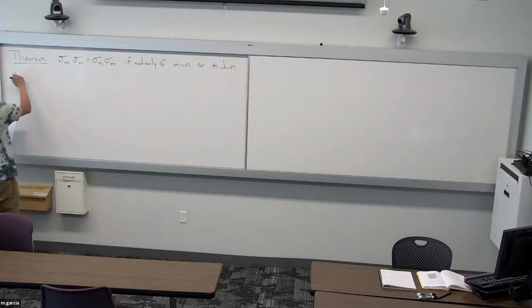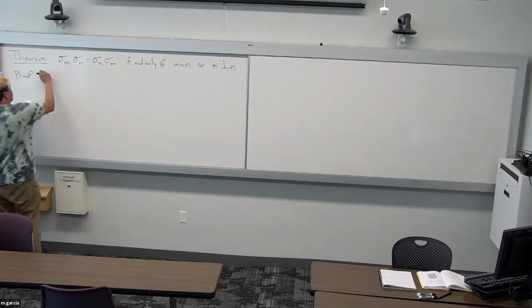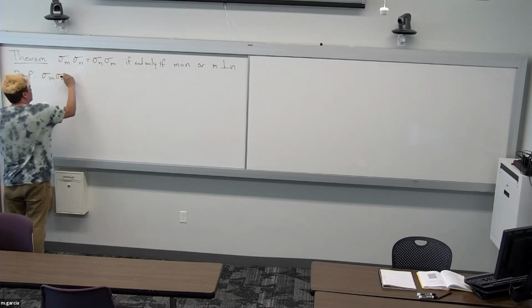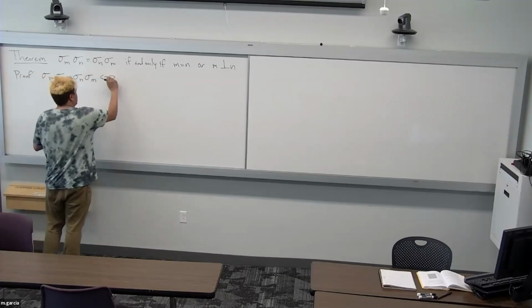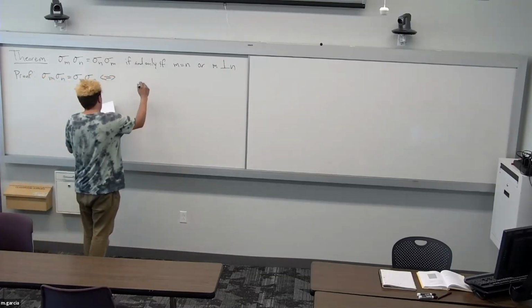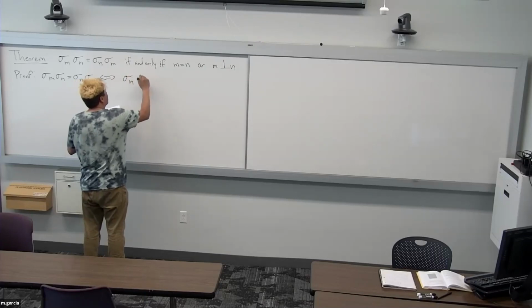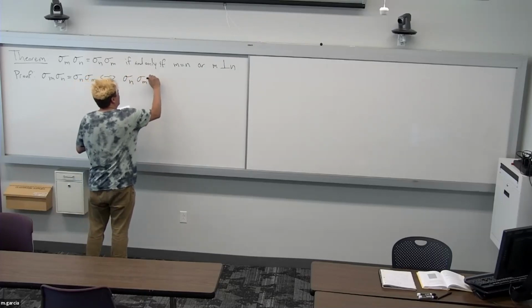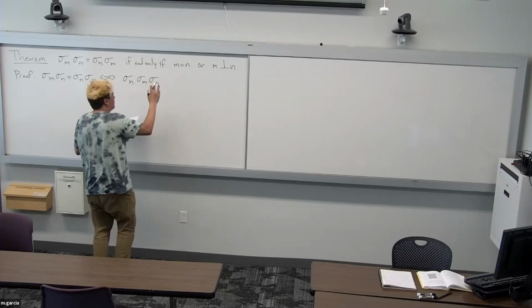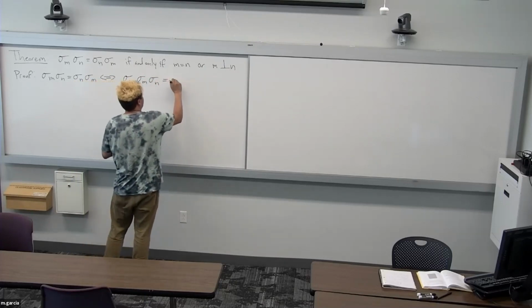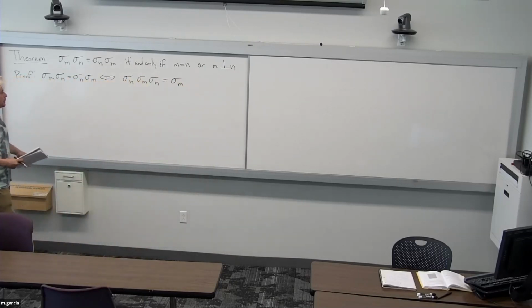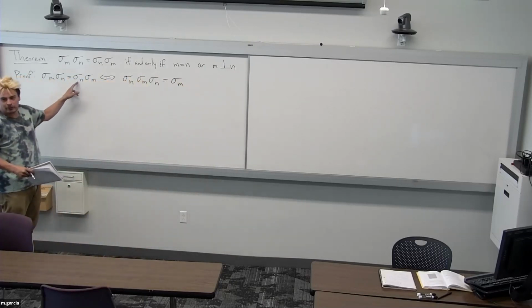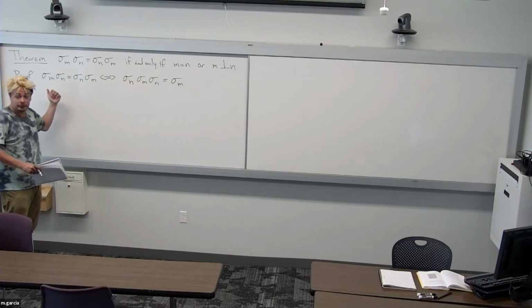So, let's see why this is. This equation holds if and only if we were to have sigma_m conjugated by sigma_n is equal to sigma_m, right? We've just multiplied both sides by sigma_n on the left.